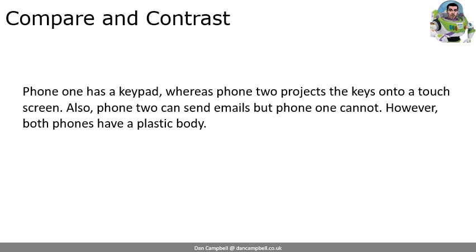Phone 1 has a keypad, whereas phone 2 projects the keys onto a touch screen. Also, phone 2 can send emails, but phone 1 cannot. However, both phones have a plastic body. So if you wrote something like that, we are comparing and contrasting, and you're in the pass grades moving towards the merit grades.